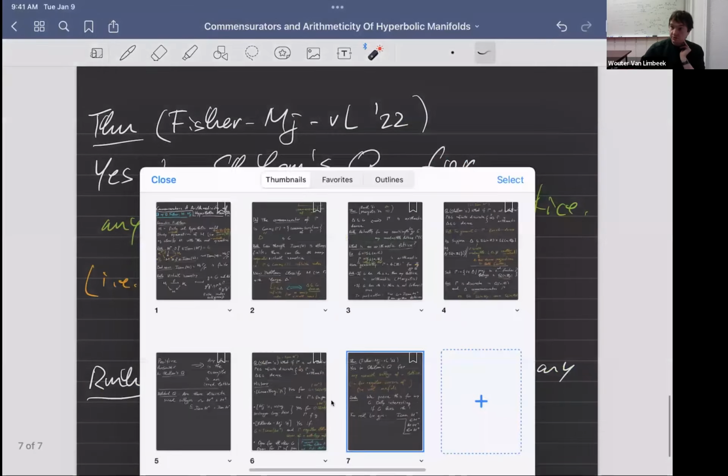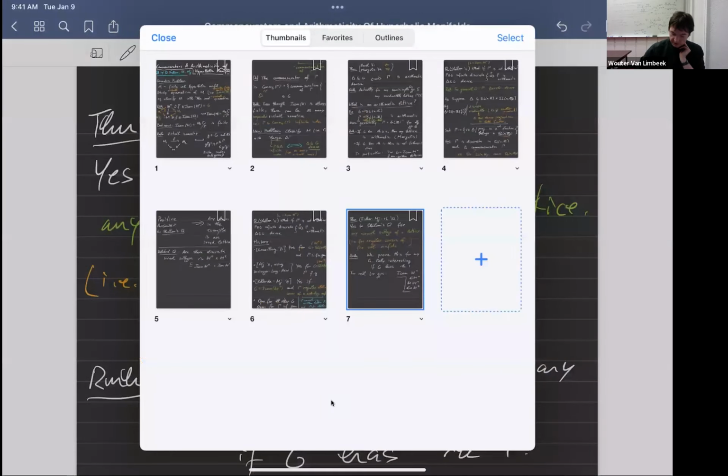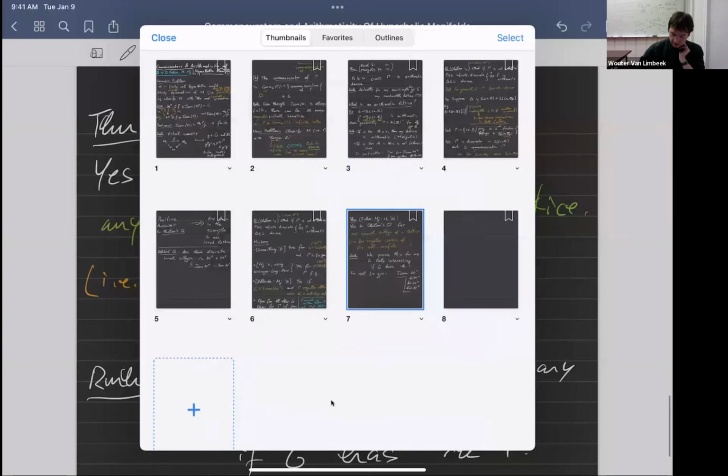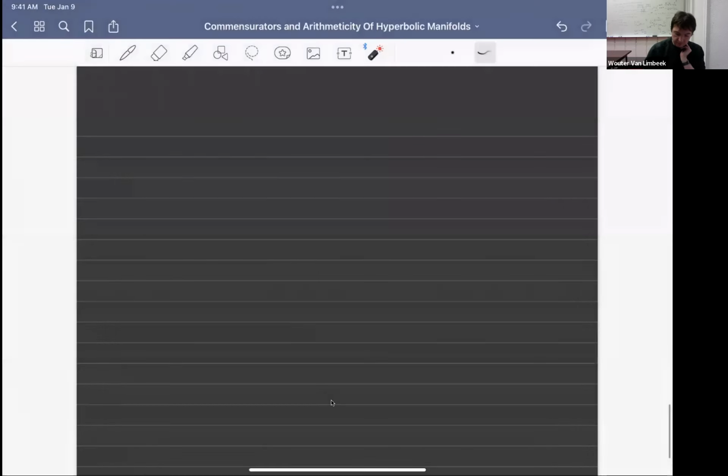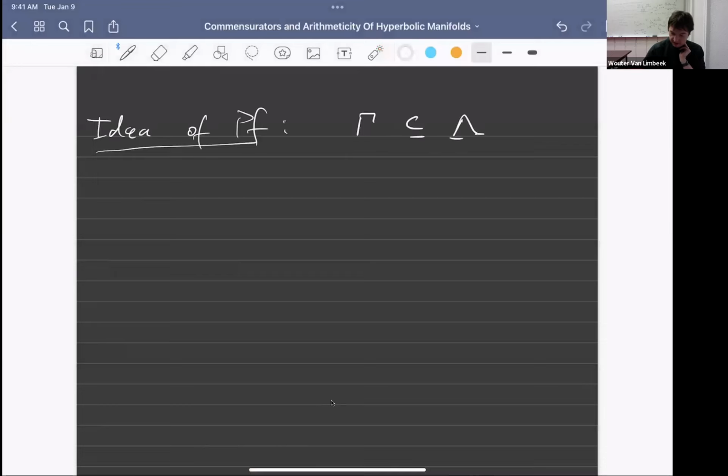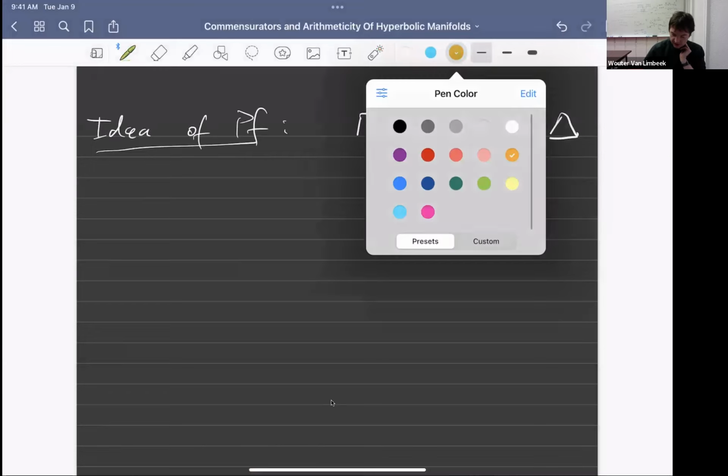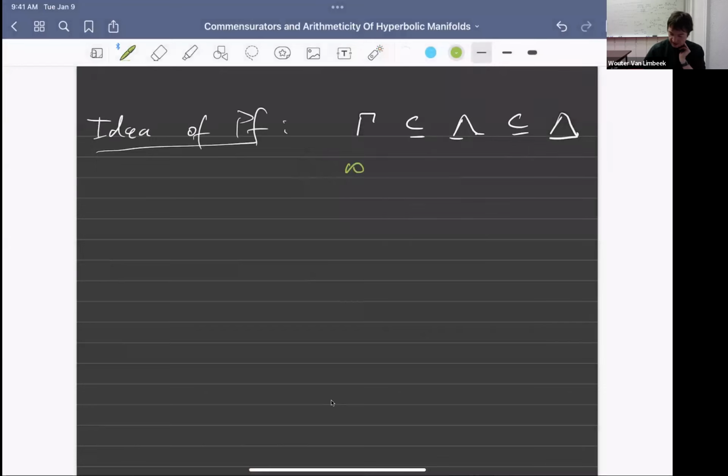So let me tell you something about the proof. In my view of things, here is the situation. We have the following groups: gamma sitting inside lambda, sitting inside delta. And what do we know about each of these? About gamma, we just know that it's infinite.